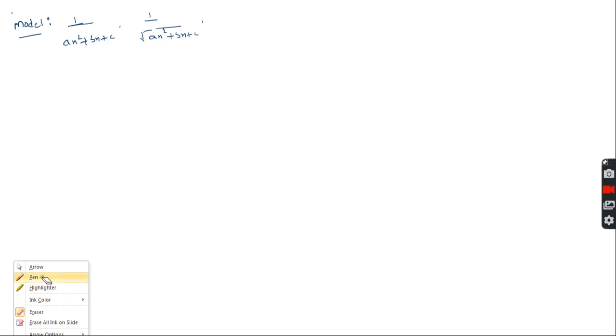The model is 1 by ax square plus bx plus c, 1 by root of ax square plus bx plus c, and next one, 1 by root of ax square plus bx plus c.